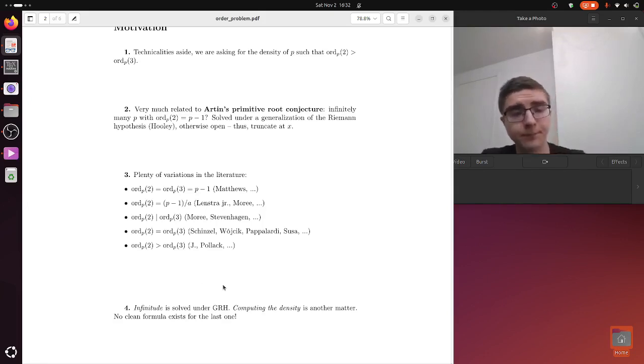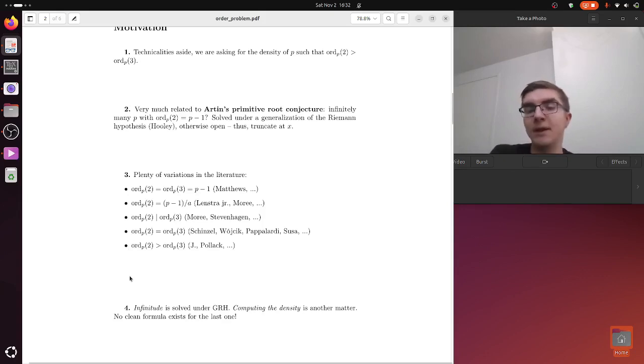I came up with this problem because in one of my papers I actually posed the problem of computing the density of primes such that the order of a modulo p is greater than the order of b modulo p. And as mentioned, this turns out to be more difficult because there actually is no formula that is as nice as in the other cases.